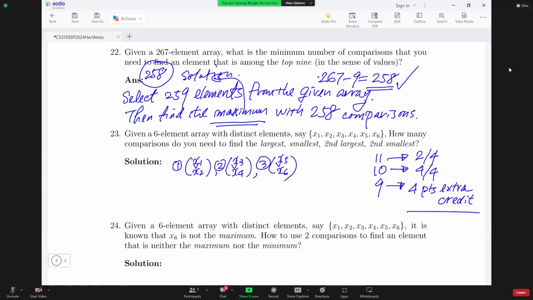We call this our round 1. We do 3 comparisons in round 1. All right, now round 2. We need to do something special in round 2.